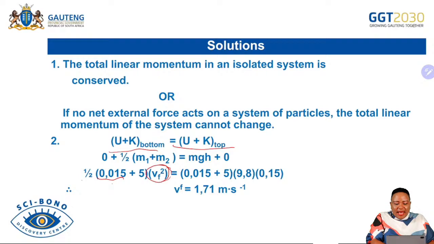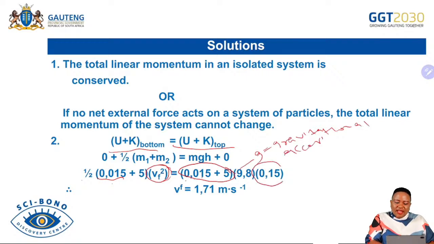This one is the bullet mass and block mass, which is 0.015 plus 5, multiplied by 9.8. Remember, this is our g, our gravitational acceleration. It is not new. And then this one is 0.15.